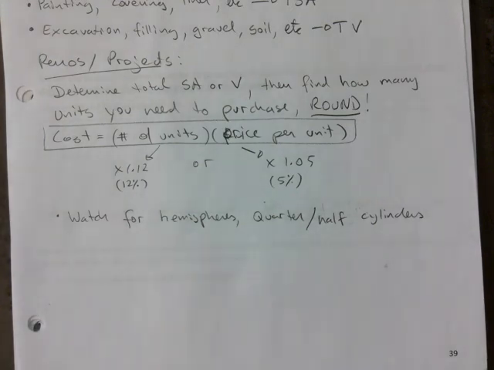Don't mix up spheres with cylinders, right? Cylinders have circles at the top and bottom, like their bases or their tops, but they don't have a sphere at the bottom. So watch for that.